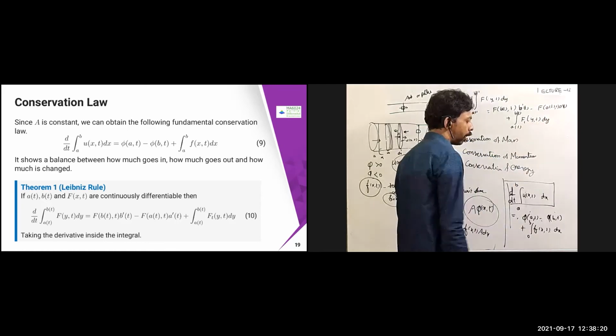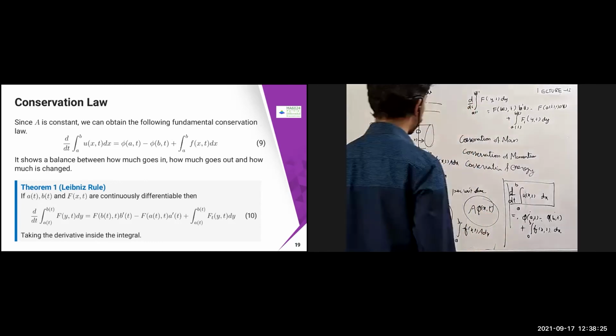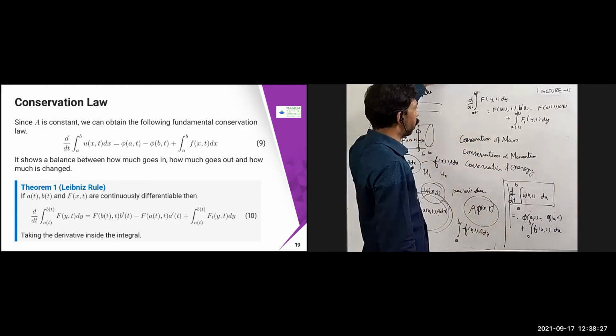This you might have studied in the calculus or analysis course. This is called the Leibniz rule.